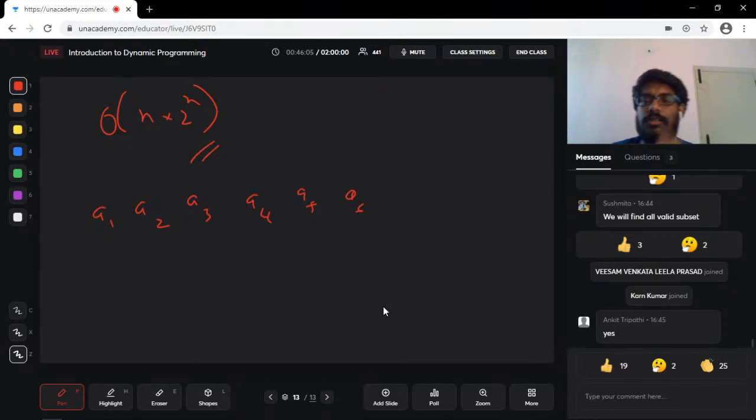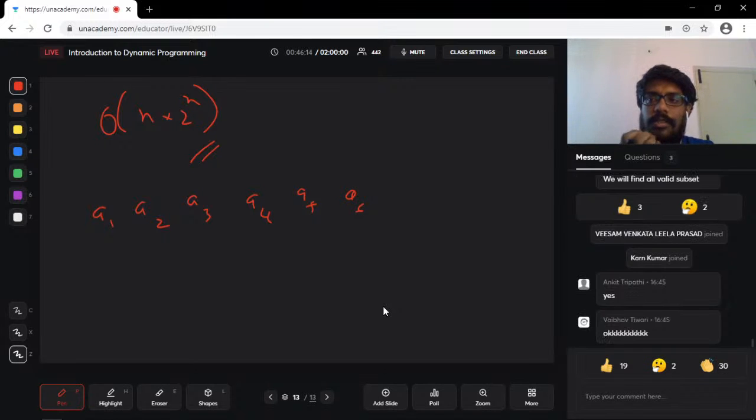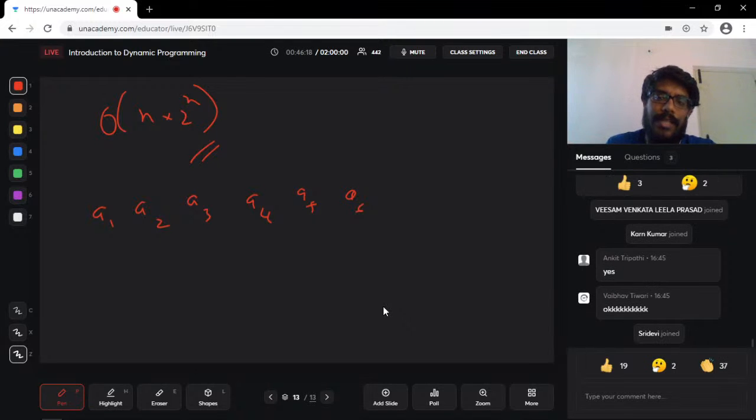So this is one common thread that you'll find in almost all DP problems, and actually literally all DP problems. We start out with some small instance and keep going larger and larger, and the hope is that when I want to find the answer for a larger instance, I can reuse the answer which I found for a smaller instance.